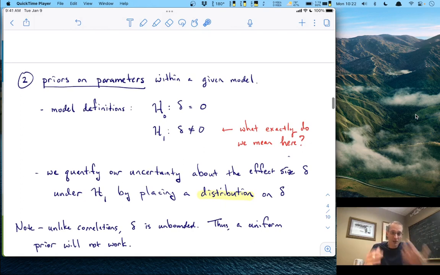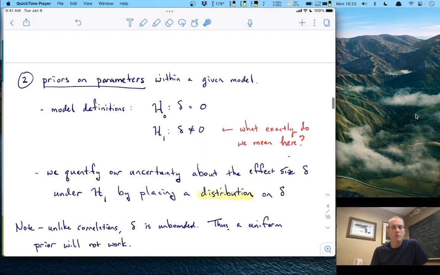So delta, this population effect size, is theoretically unbounded, right? It could go anywhere from negative infinity, that is as negative as you like, to as positive as you like. And so placing a uniform prior will not work because that would have to be a uniform prior of infinite width, which would then have 0 height, which really wouldn't make a lot of sense for us.